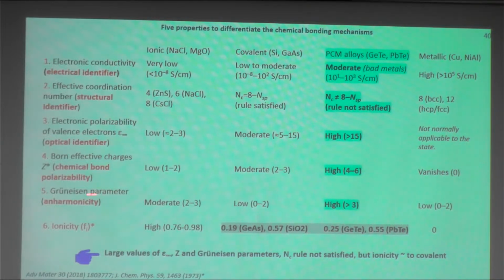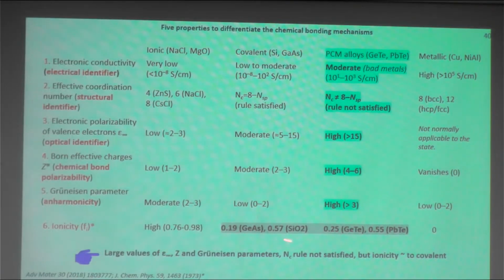Grüneisen parameter: for ionic it's moderate, for covalent low, and for PCM again high. For metallic it's low. Only ionicity is on the order of covalently bonded material for PCM, as you can see here.